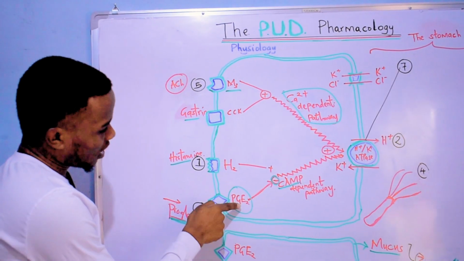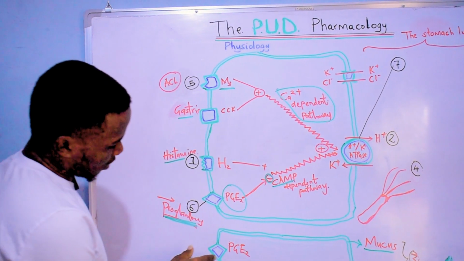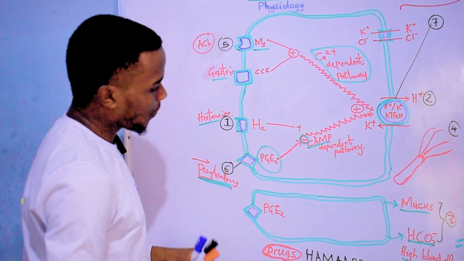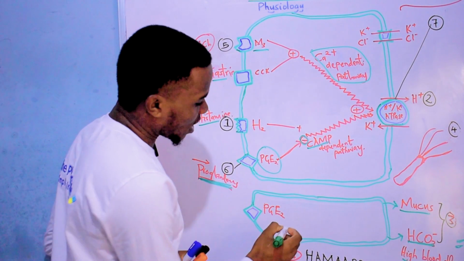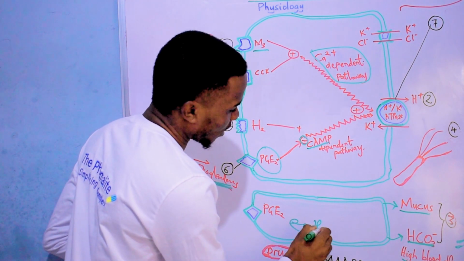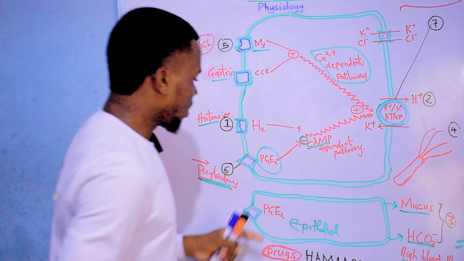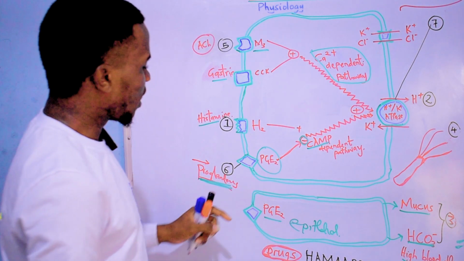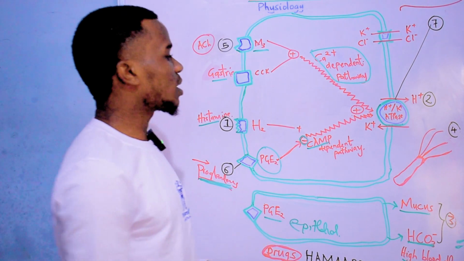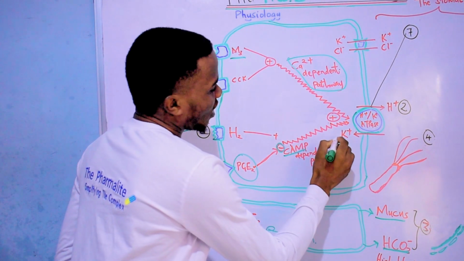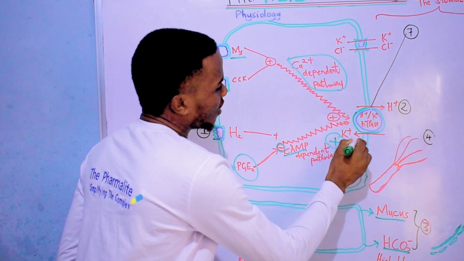Prostaglandin E is also received by a prostaglandin receptor in another cell in the stomach lining, which is part of the epithelial cells. In this cell, prostaglandin has two mechanisms of action. One is inhibiting the production of hydrogen ions.